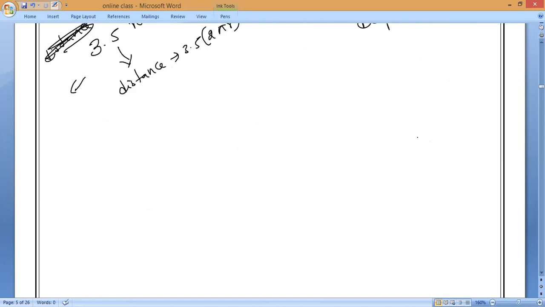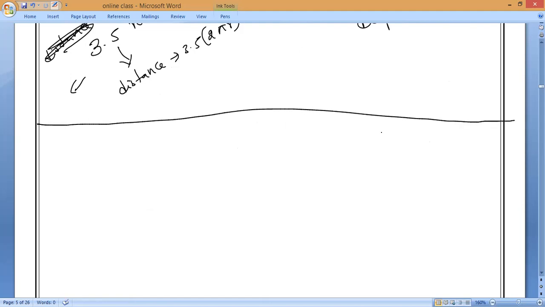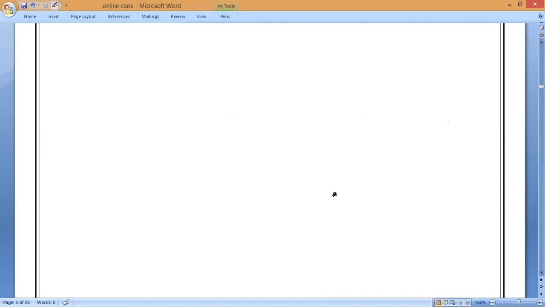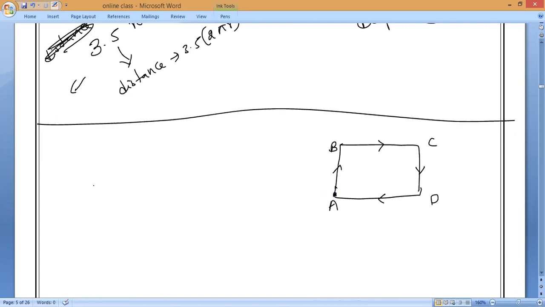For example, when you are traveling in a square path, look into the screen. This is point A, this is point B, this is point C, this is point D. Reddy traveled from A to B, B to C, C to D, and D to A. Finally he reached point A. What is the distance?